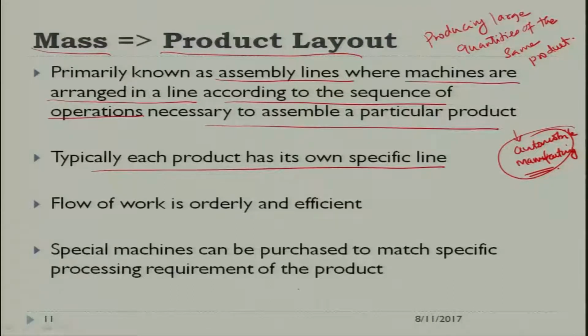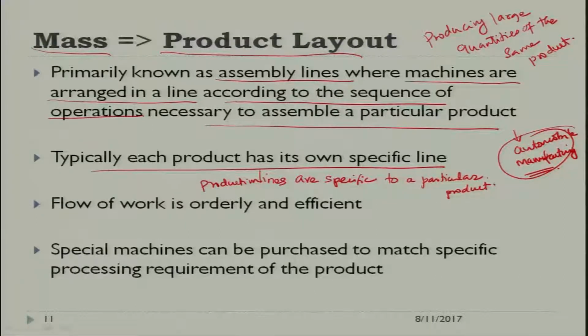Most of the time the lines are specific to a product. Remember this: the production lines are specific. When you say lines, that means they are production lines. Production lines are specific to a particular product.